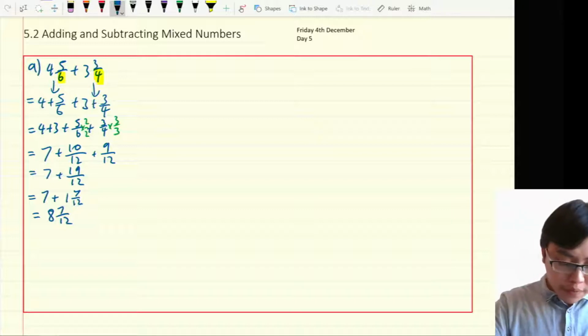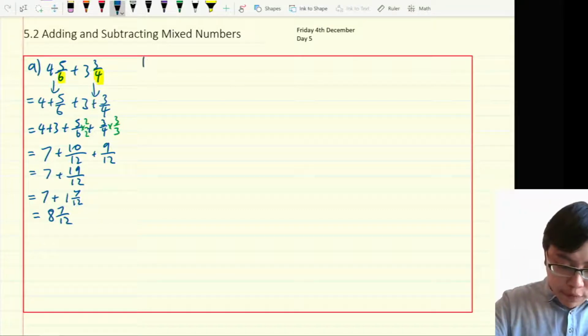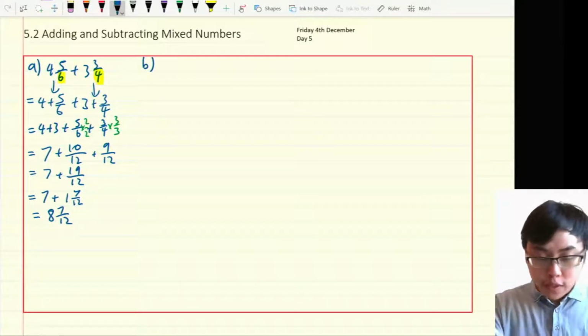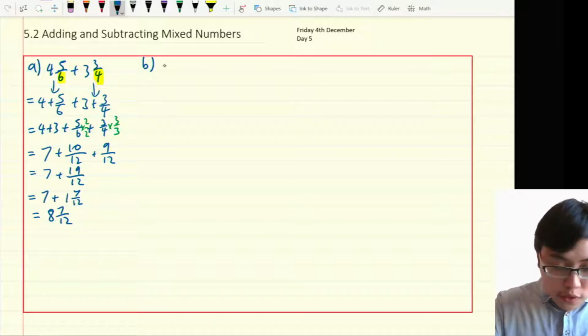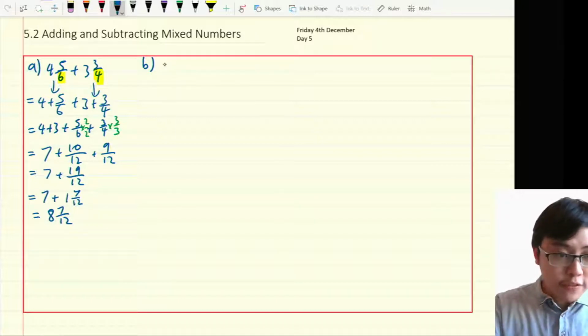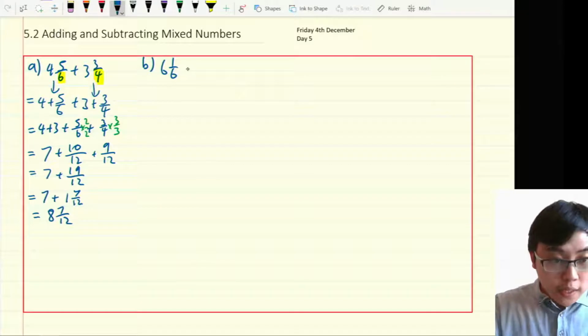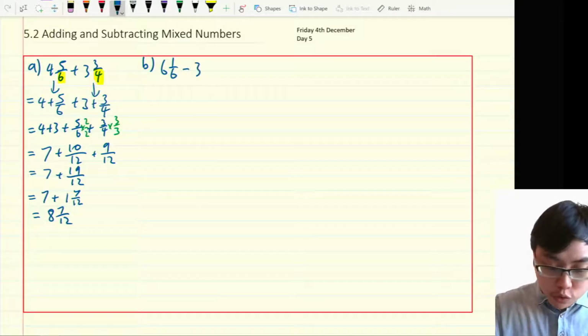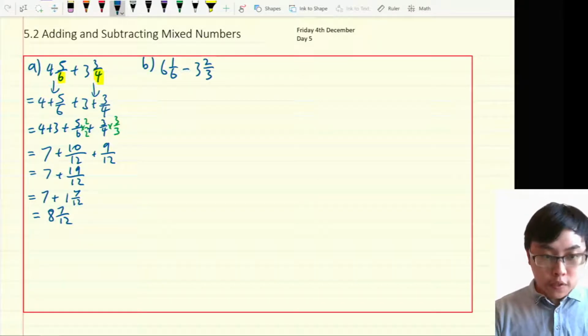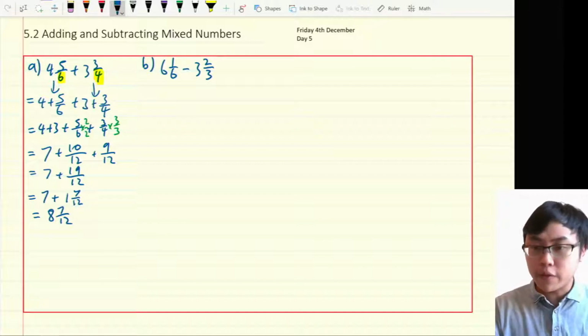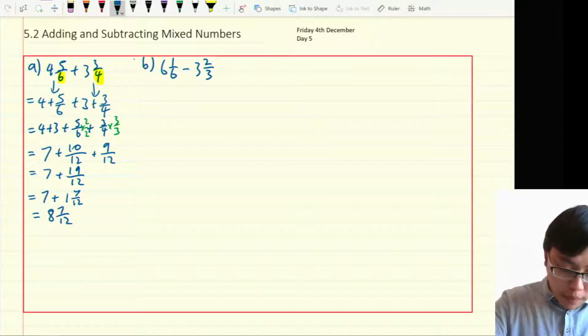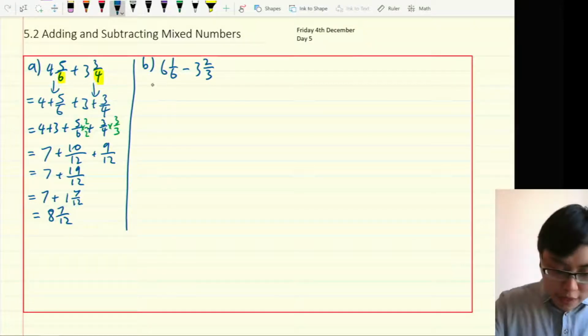Now, second example, I'm going to do a subtracting one. So let's go ahead and do this example. I have 6 and 1 over 6, subtract 3 and 2 over 3. So I'm going to use the same method as before. I can split it, but I'm going to add brackets this time.